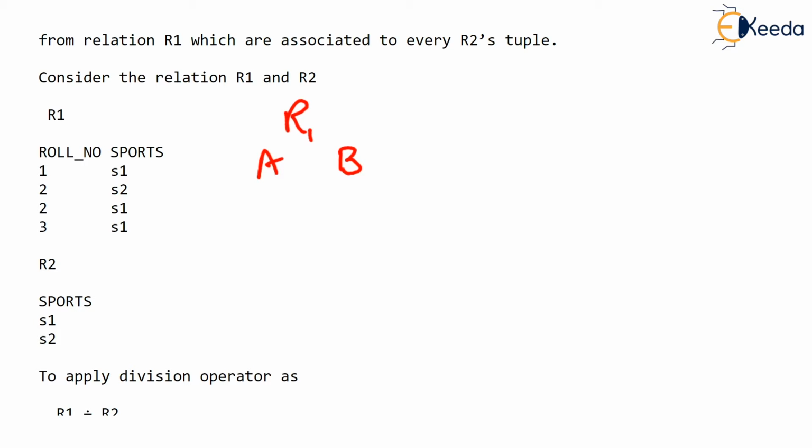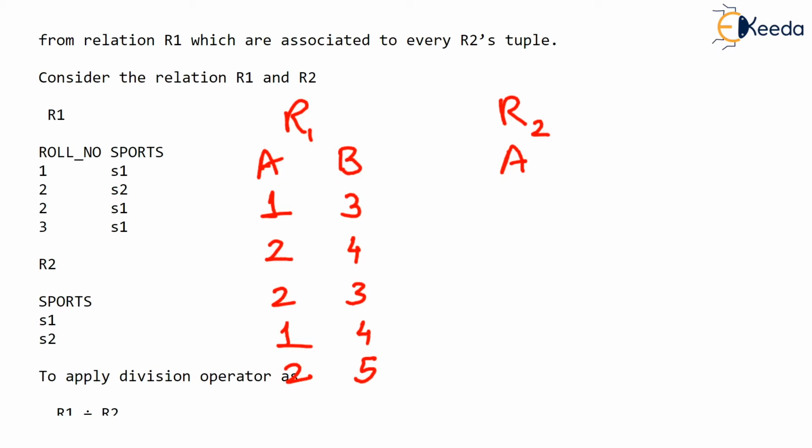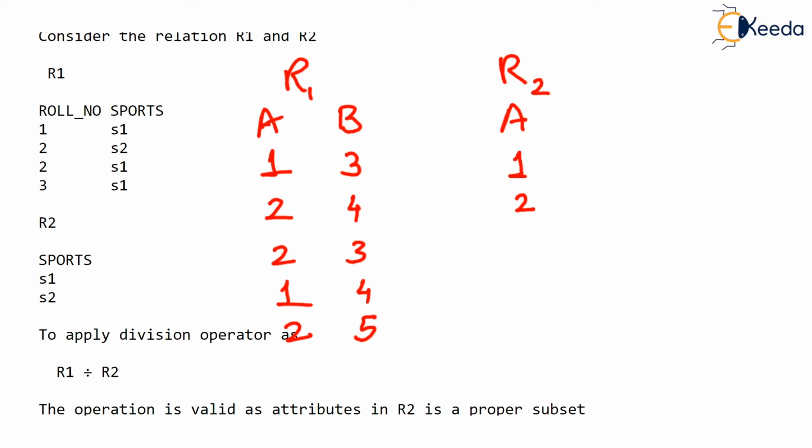Let's say we are having these two tables this time, with values in this fashion: 1, 3; 2, 3; 2, 4; 1, 4; and 2, 5. And under A in R2, we are having 1 and 2. So what will be the result of R1 divides R2?